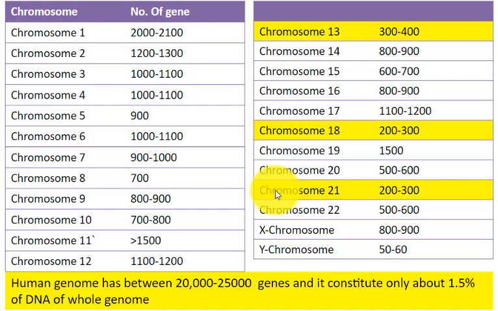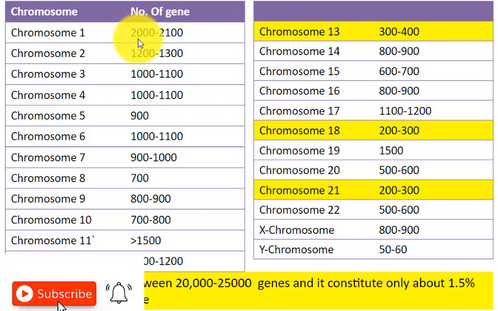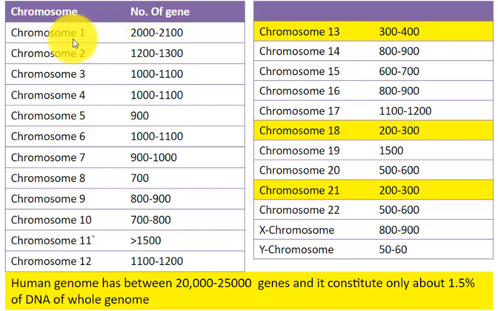So if there are 2,000 genes on a chromosome, those 2,000 genes will be on the maternal chromosome 1 and the paternal chromosome 1, so every gene will be in two sets.